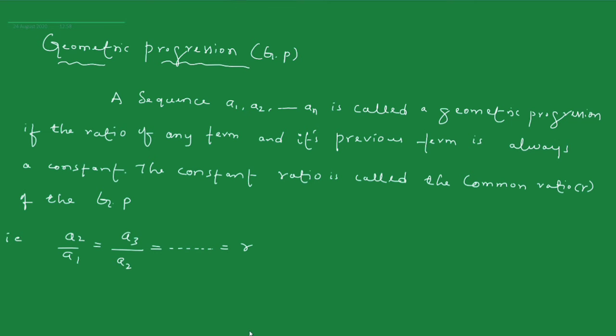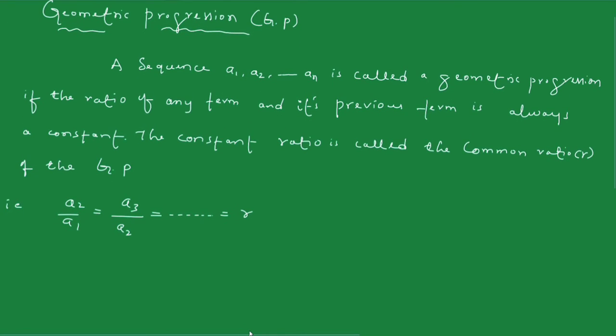Here, what is the definition of GP? A sequence A1, A2, so on up to AN is called a geometric progression if the ratio of any term and its previous term is constant. This term ratio is important here.